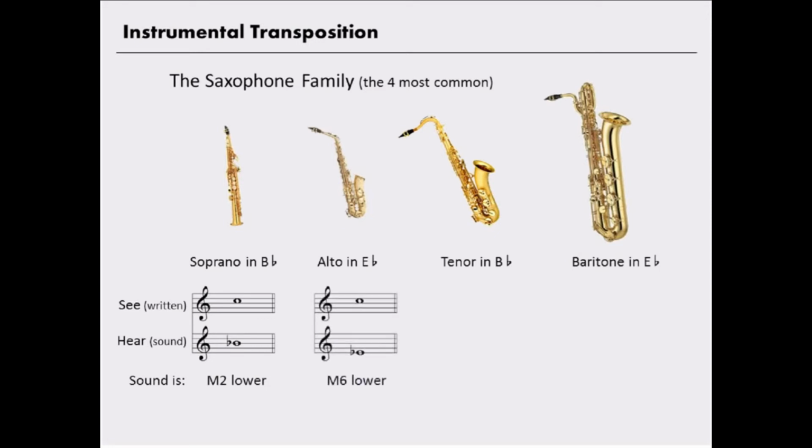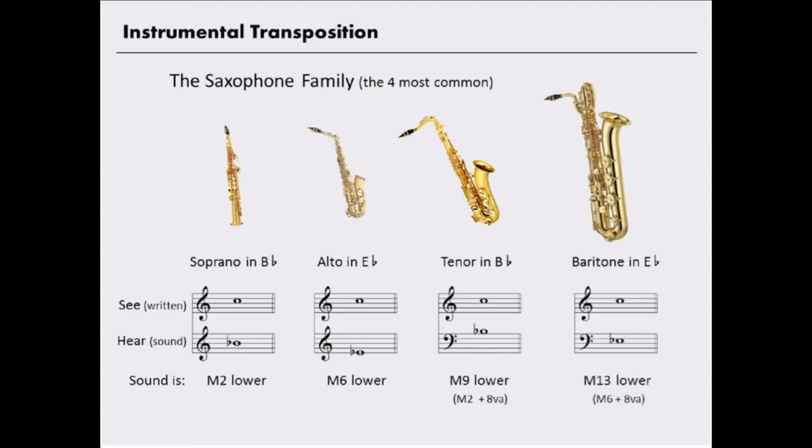Alto sax, as we have seen, sounds a major sixth lower than written. The tenor sax sounds a major ninth lower than written. And the bari sax sounds a major 13th lower than written. So even though the notation is all the same, they all read treble clef, the sound is quite different, and this is because of the transposition.